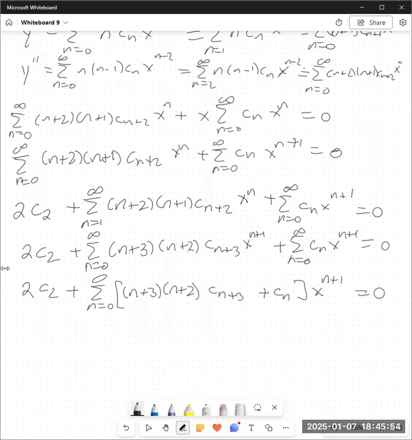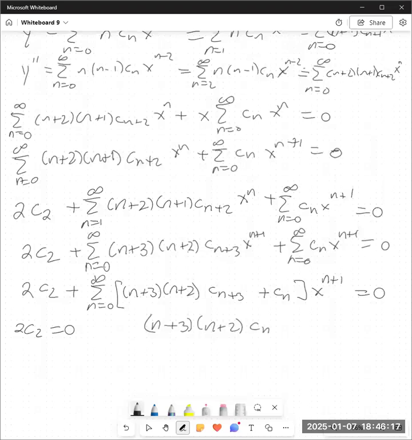Now, we haven't had this before, but I think it should make sense that the only way this all equals 0 is if this part is 0 and this part is 0. So 2c_2 needs to be equal to 0, and (n+3)(n+2)c_{n+3} + c_n needs to be equal to 0.